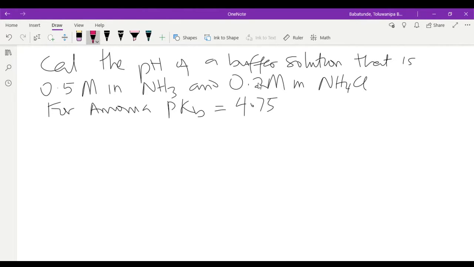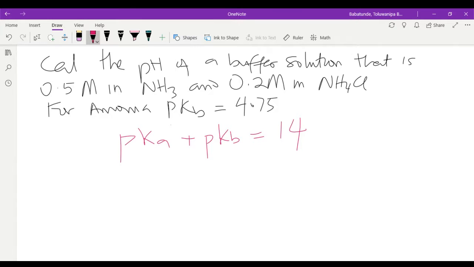Calculate the pH of a buffer solution that is 0.5 molar in ammonia and 0.2 molar in ammonium chloride. So we know here that our weak base is our ammonia, and the pKb has been given. So we're going to use Henderson-Hasselbalch to solve this problem. We know that pKa plus pKb equals 14.